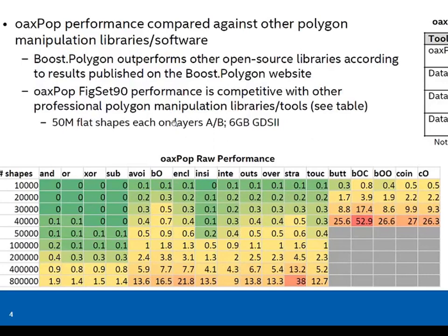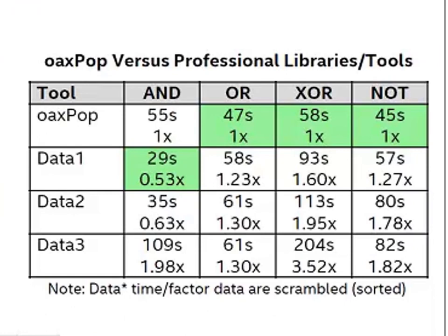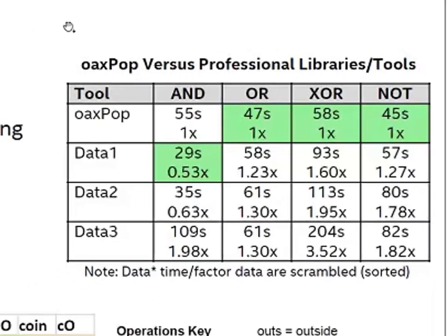We just did some testing. It was about 50 million shapes on two layers, A and B, so 100 million total shapes on a 6 GB GDS2, and this is the performance that we saw in the upper right corner. The bottom one actually has to do with just random shapes.